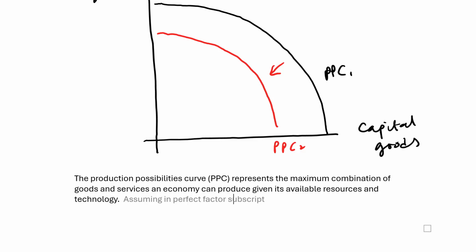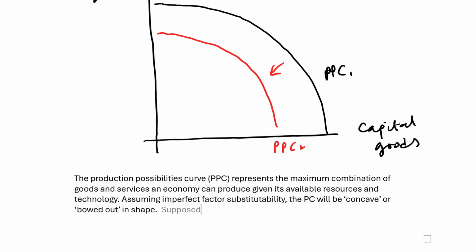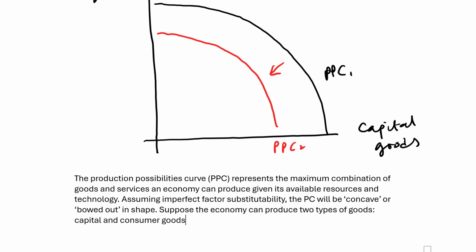Assuming imperfect factor substitutability, the PPC will be concave in shape. Suppose the economy can produce two types of goods: capital and consumer goods.